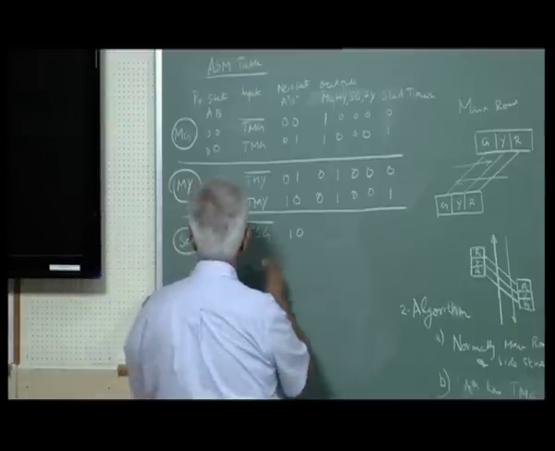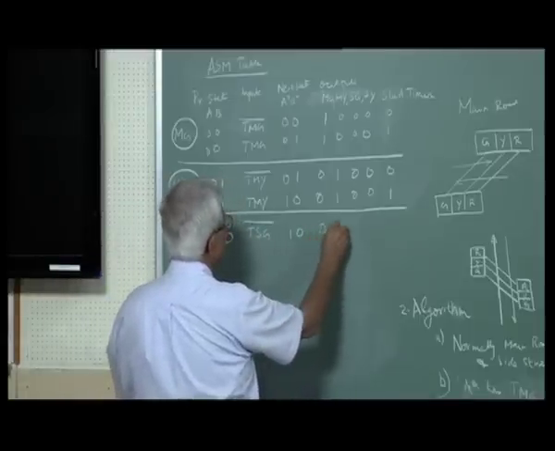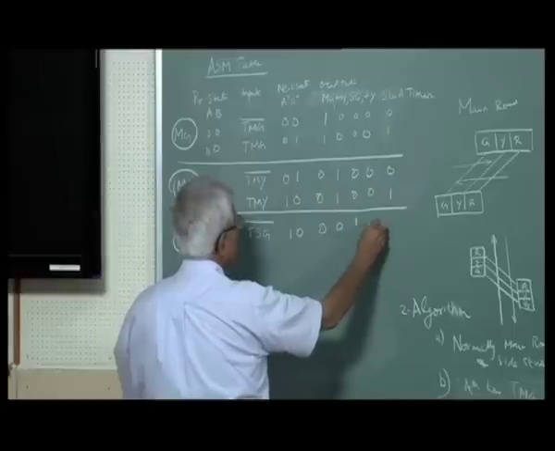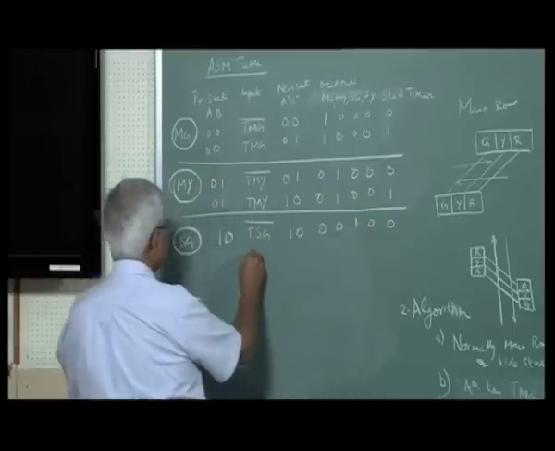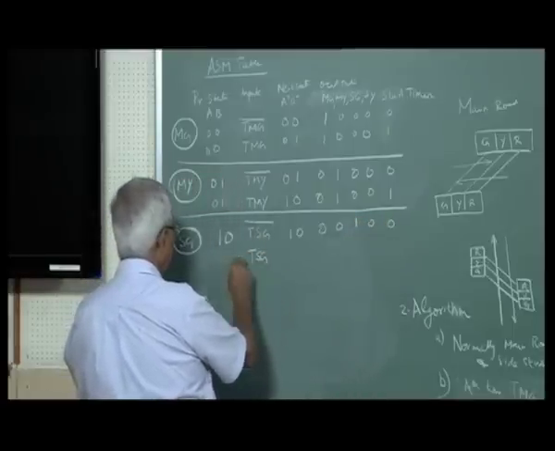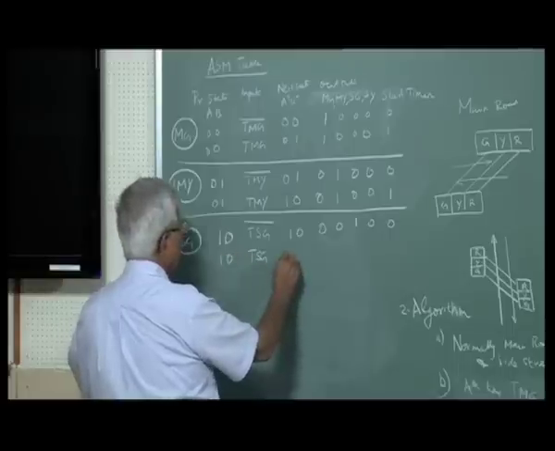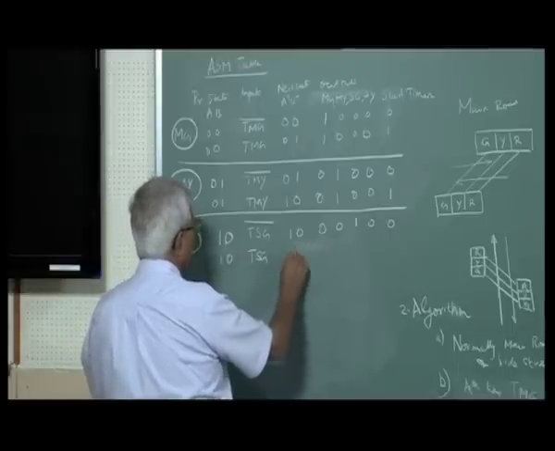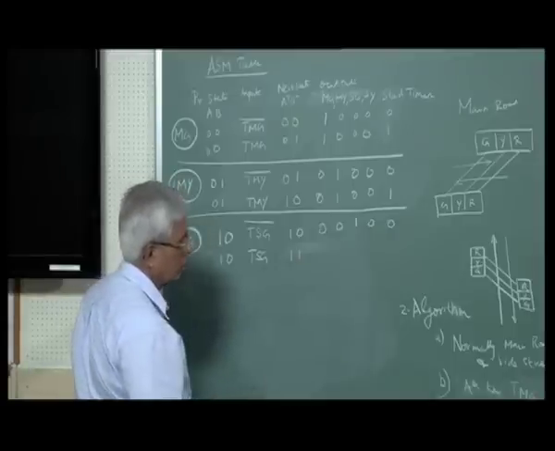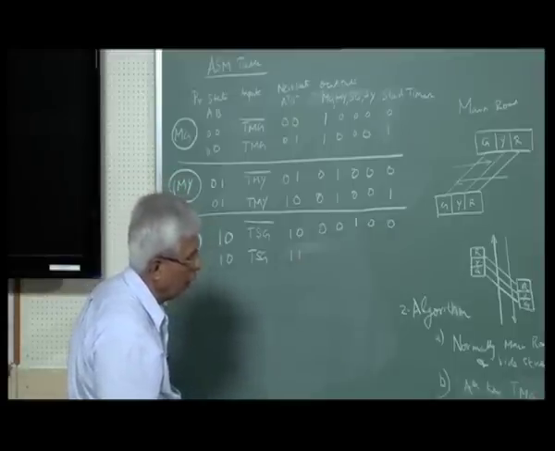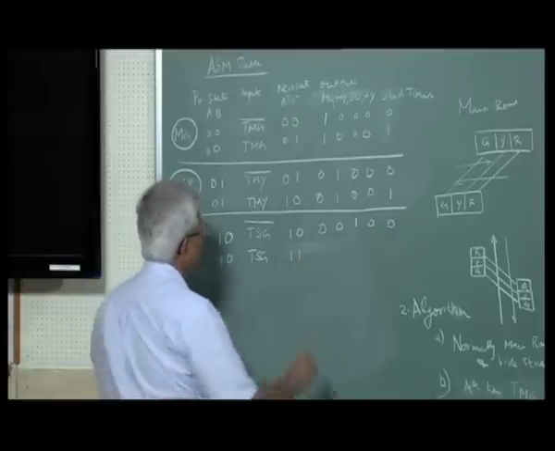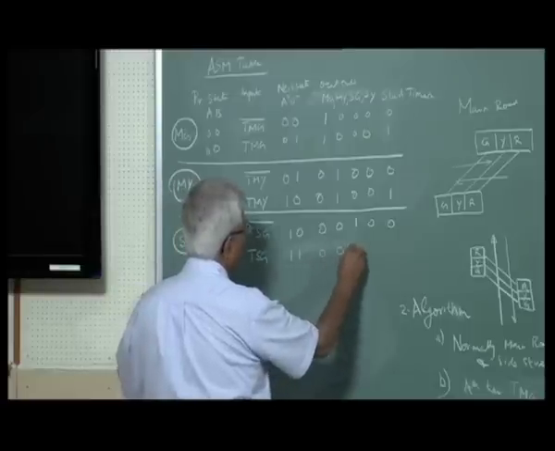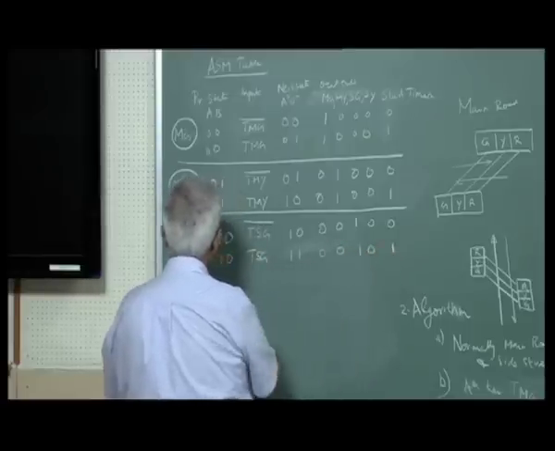Output is side green, no starting. If TSG is 1, then it goes to 1 1 state. Output is still the same. Start timer.